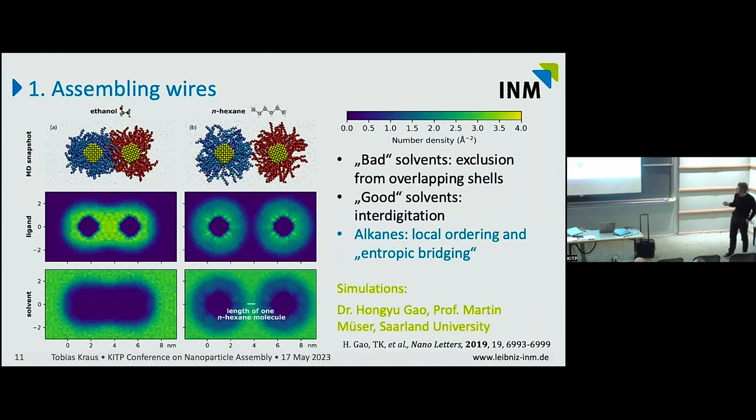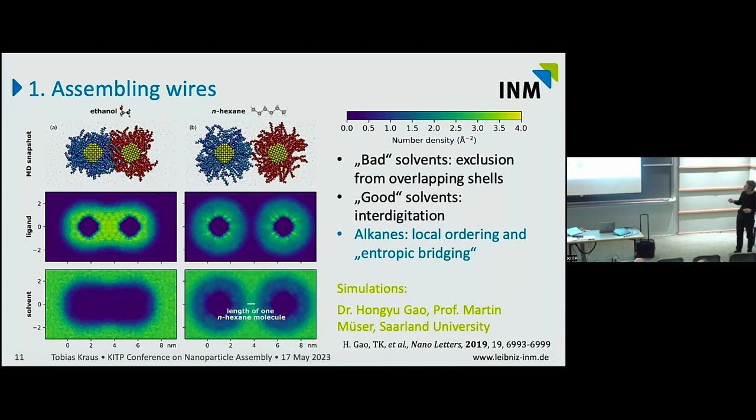So these are the cores of gold, and then these shells, which are really close, and there's no solvent in between. If you are, for example, in hexane, you can now see that there is just a very thin layer of the solvent remaining between them, and yet you get these ordered, densely packed bundles.